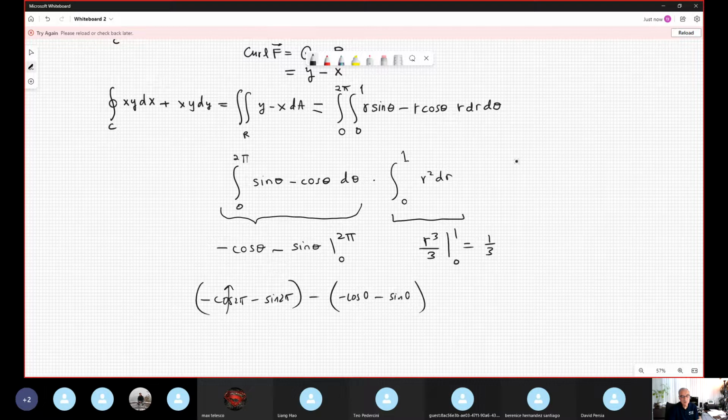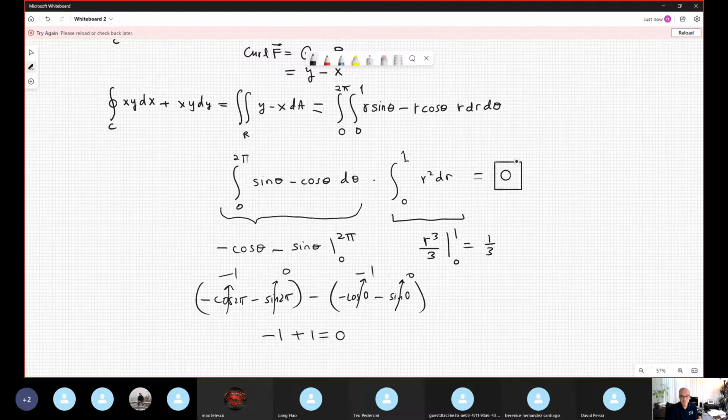Cosine 2 pi is 1, but we have negative here, negative 1. This is 0. This is negative 1 again, no? Cosine 0 is 1, but you have negative in the front. And this is 0. So we have negative 1. And how many negative, positive, it is 0. And 0 times 1/3 is 0.